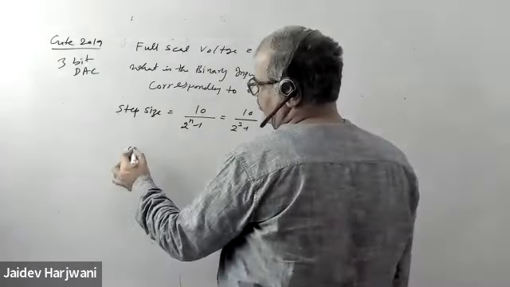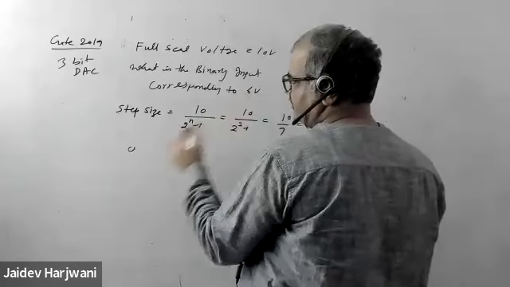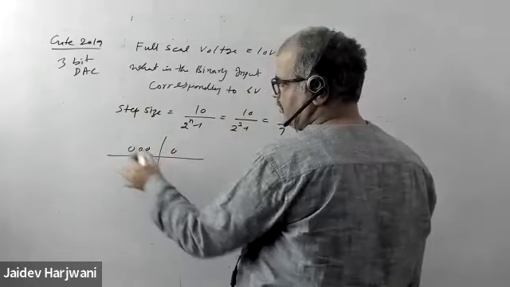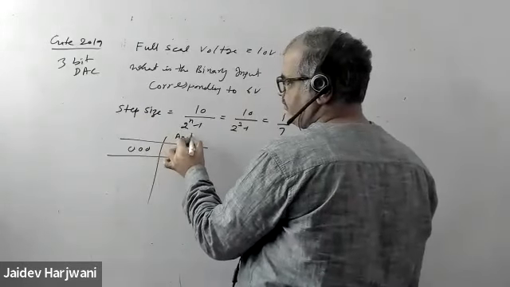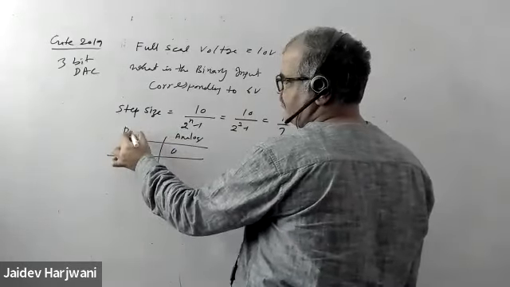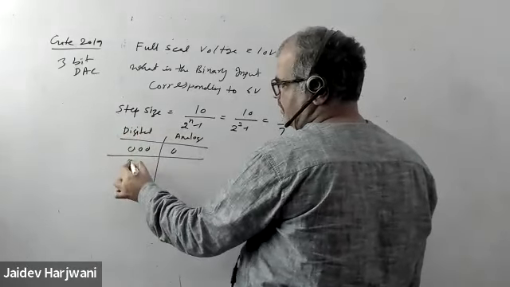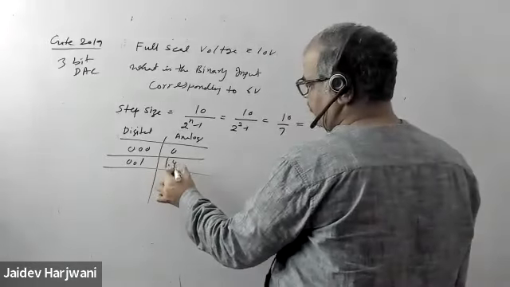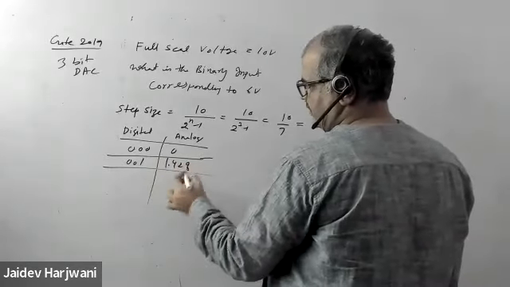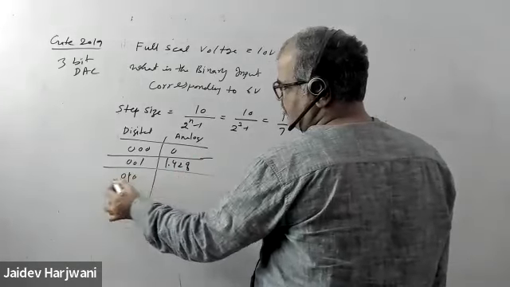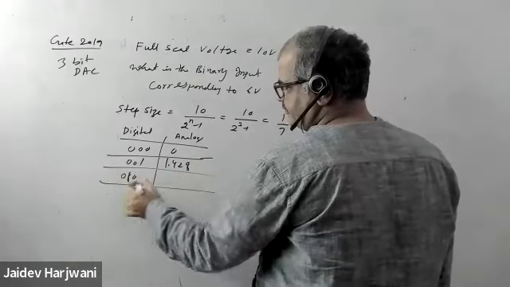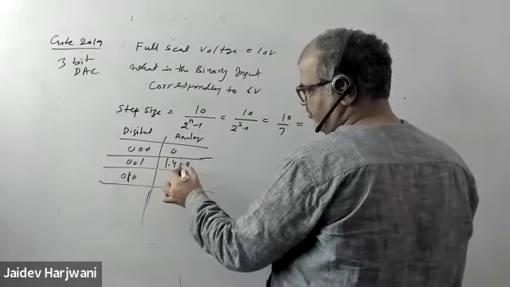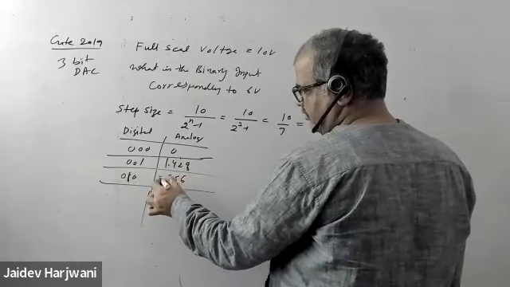Now you want the binary input corresponding to 6 volt. This is a 3-bit counter, so you know 000 equals 0 volt. This is analog, and this is your digital input. 001, the weight of the LSB, is equal to 1.428. Then 010 will be equal to twice of this one, which is 2.856.